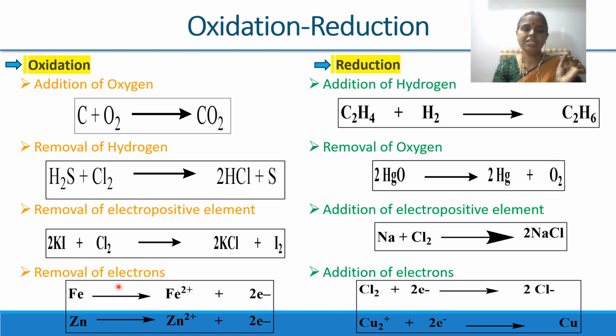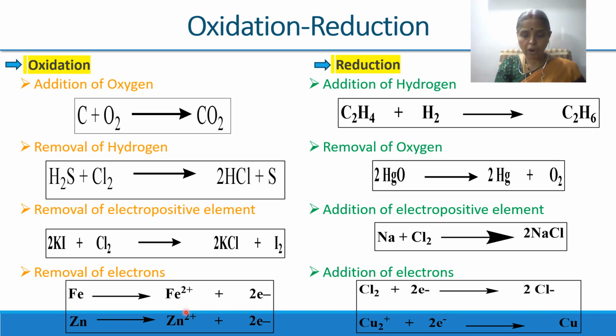And finally, what is the other definition of oxidation? Oxidation also means removal of electrons. Removal of electron will lead to increase in positive oxidation number. You can see here iron is in 0 oxidation state because it is in the elemental form. Zinc is in 0 oxidation state because it is in the elemental form.